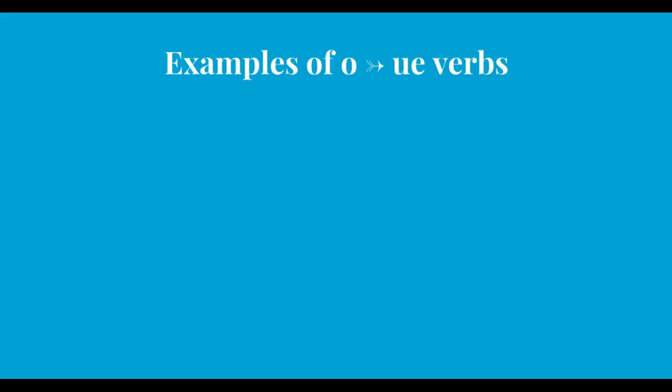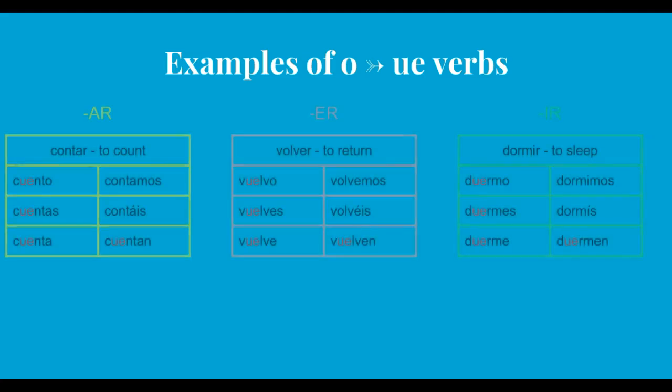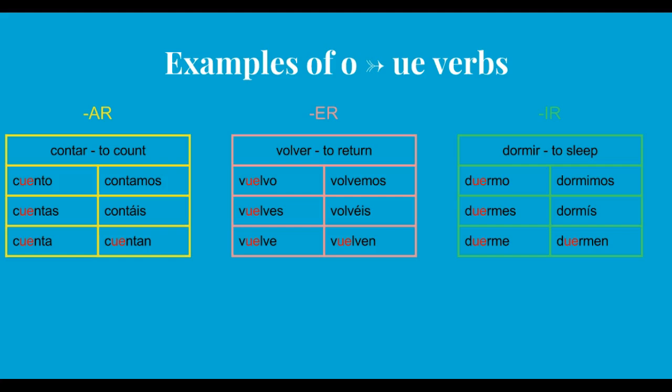Let's look at some examples of O to UE verbs. Here's an AR verb, an ER verb, and an IR verb. Again, you can see that the endings look just like any other typical or regular pattern AR, ER, or IR verb. So our focus on today's lesson is not how the verb ends, but how the stem of the verb changes.